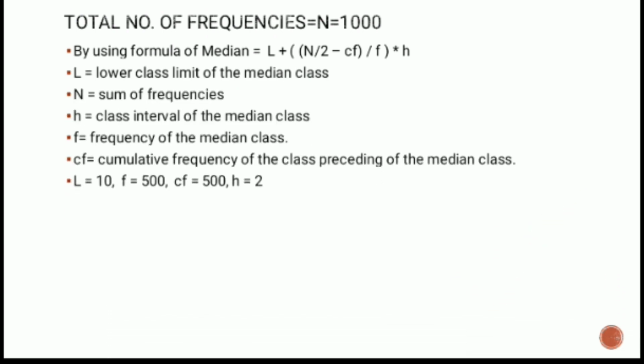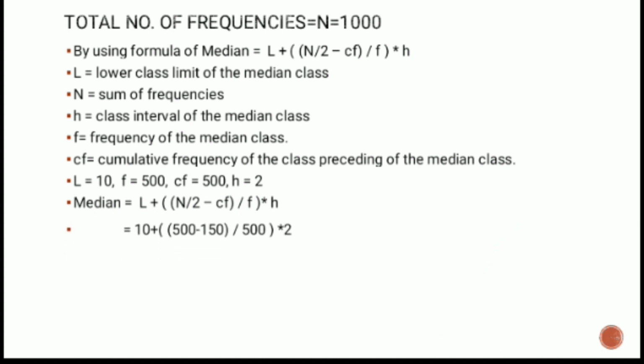L is your 10, f is your 500, cf is your 500, and h is your 2. Just put all these values in your formula and substitute. L means your lower class limit, n by 2 is 500, cf is 150, f is your frequency, and h is your 2. H means the class interval of the median class.